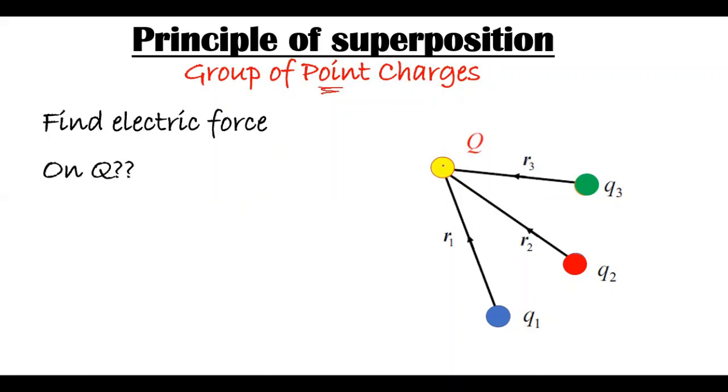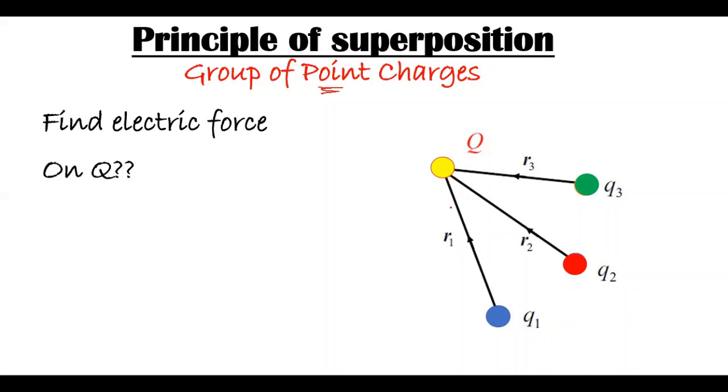And besides this charge, there are three charges, Q1, Q2, Q3. I have many charges beside this charge. So I'm going to use Coulomb's law to calculate the effect of Q1 on this big Q, and the effect of Q2 on this big Q, and the effect of Q3 on this yellow Q, and just then add all forces to get the total force acting on Q capital.